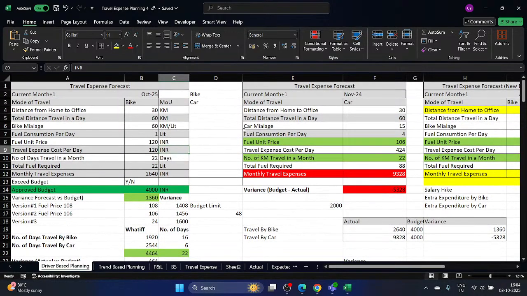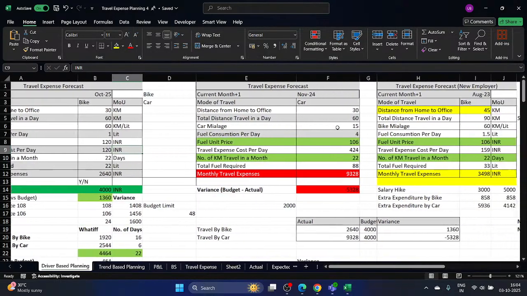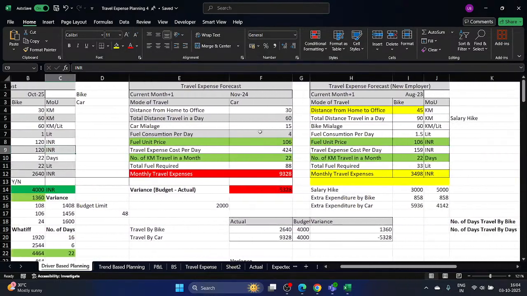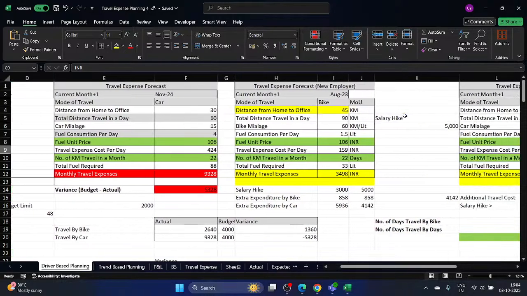In our yesterday's class we discussed the mode of vehicle, that one vehicle is a bike and one vehicle is a car, and the distance from home to office is also quite different. Here it is 30 kilometers, here home to office is 45 kilometers.